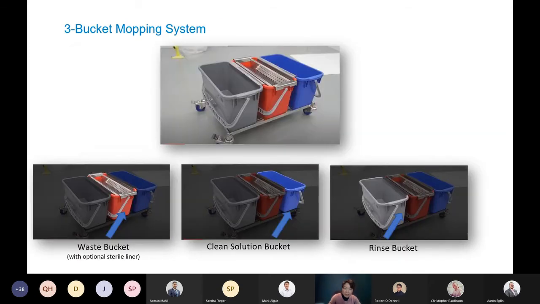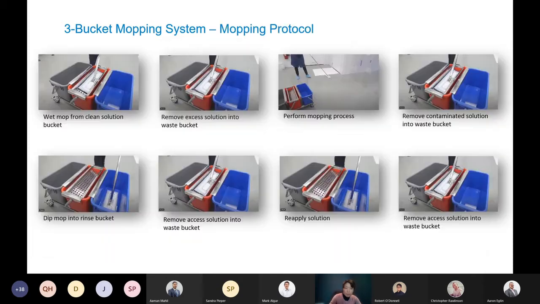And then there's another system that's called the three-bucket mopping system. Compared to the two-bucket, it has an additional rinsing bucket, which is indicated by this gray bucket in the front. From a mopping process standpoint, it's pretty similar to the two-bucket system. The only thing different is that there is a rinsing bucket, meaning that before you dip the mop into the clean solution, you put it into the rinse bucket to rinse the mop.